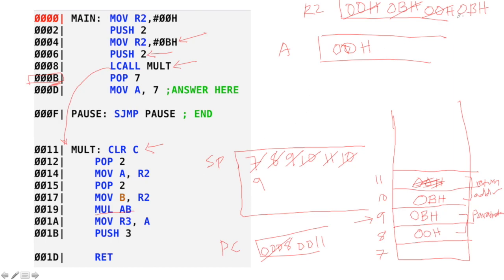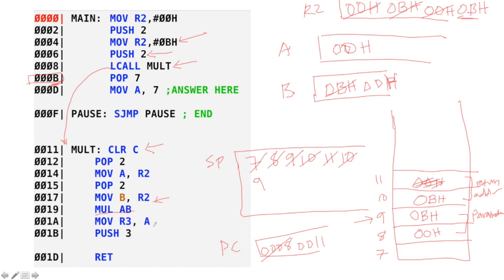So we copy the contents of R2 into register B. So this makes it 0BH, and then we multiply A and B. The result is of course 0. So you will have 0 here as well as 0 in B. This is 00H.